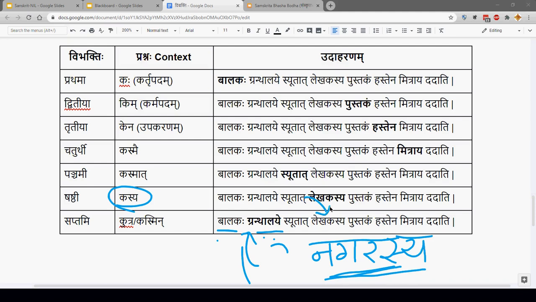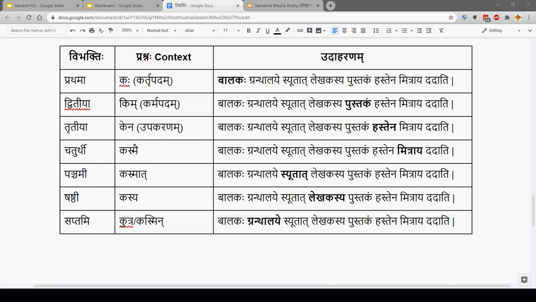Now in this case the order will be important. Otherwise, until now, we could have changed the order anywhere. You can put granthalaya at the end, even after the verb, or at the beginning, or syutat at the end, and it doesn't matter, because they have specific case endings, and based on that we know the role.